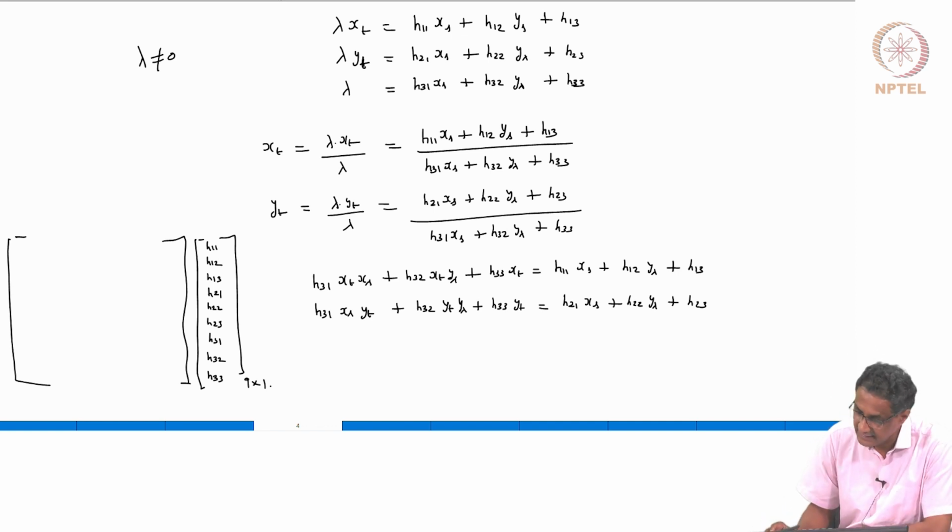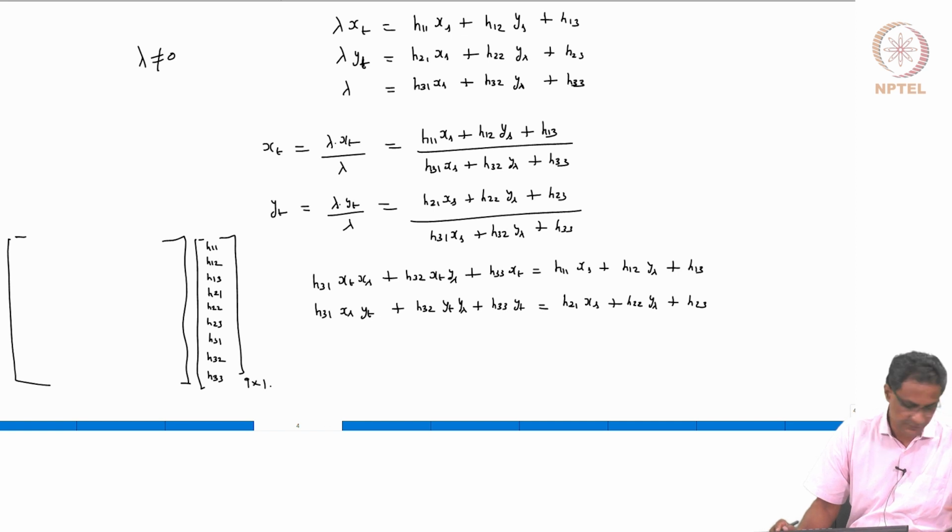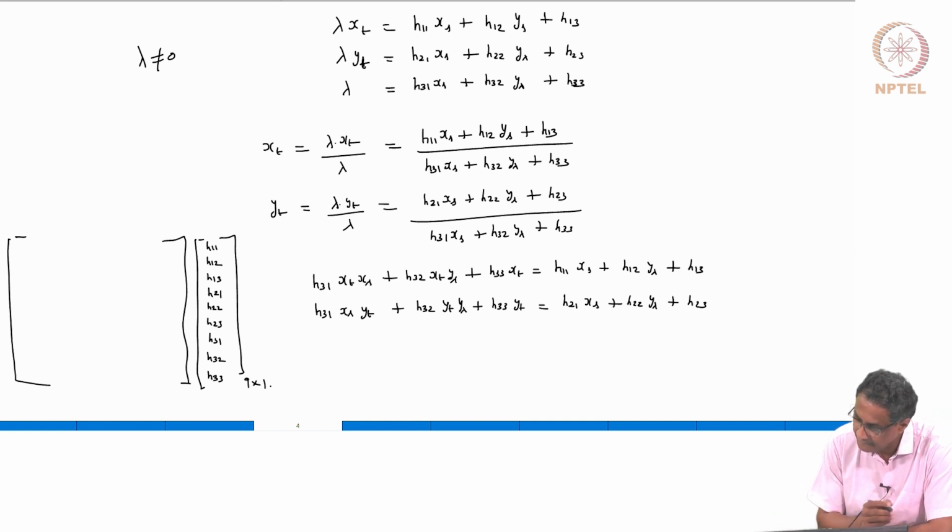So the standard way to represent this is to bring whatever is on the right hand side over, so it will be minus xs, which is multiplying h11, then minus ys, then h13 is minus 1, and then for h21 and so on it is 0 0 0, because you do not have anything for them.